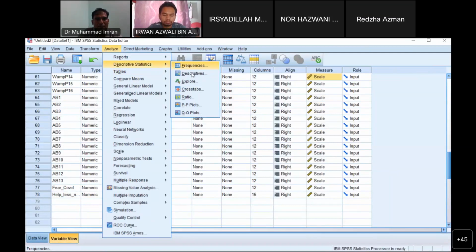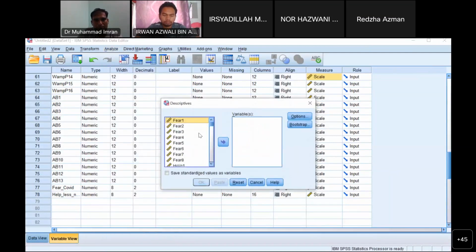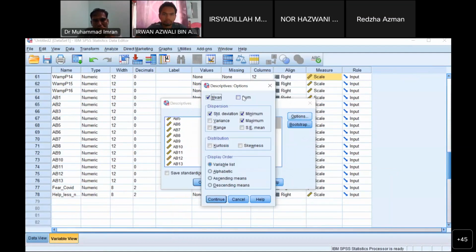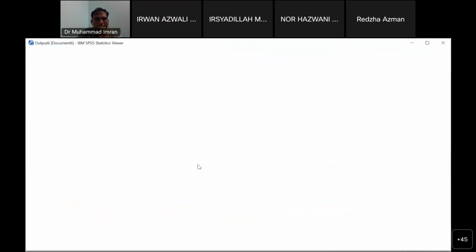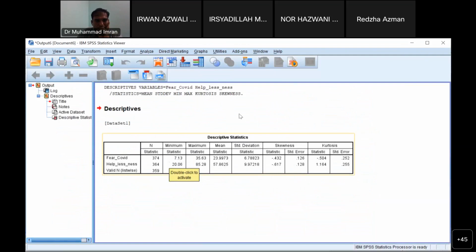Analyze, descriptive, fear and cognitive. First option: skewness and kurtosis. Let's discuss skewness and kurtosis first, one by one. Here, the first one is skewness and kurtosis.